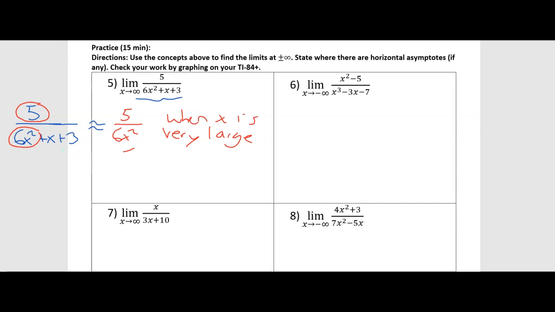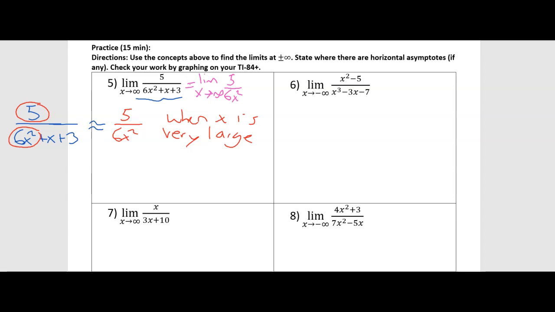Once we've come up with an approximate function, and there's no further way to simplify this red function, we can find the limit of the red function, which is going to be equal to the limit of the black function, the one that we started with.